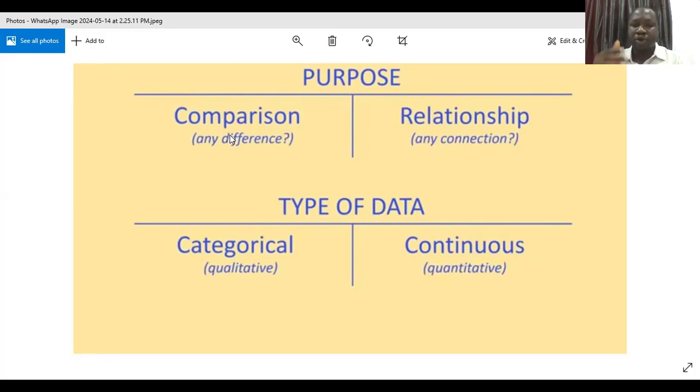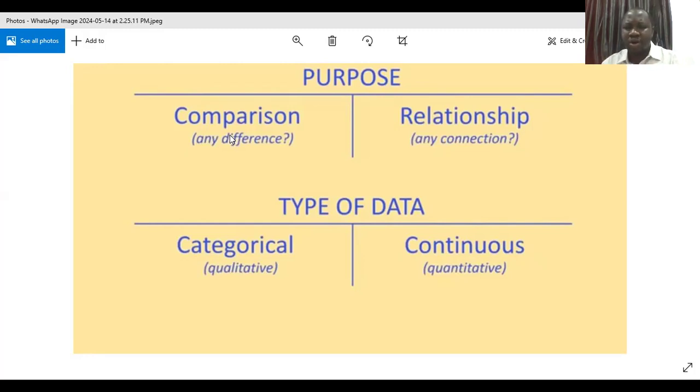Most of the time, during comparison, we compare the mean of the data. People that use comparison the most are people in medical sciences, in the health sector, because you do more experiments. That's when we have t-test and ANOVA, and some other tests.